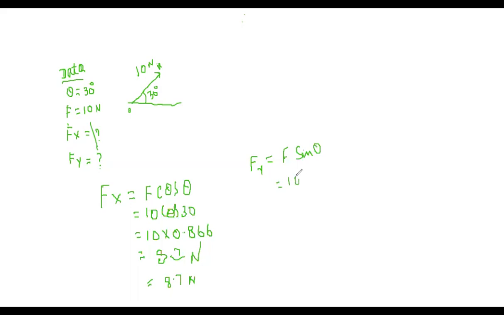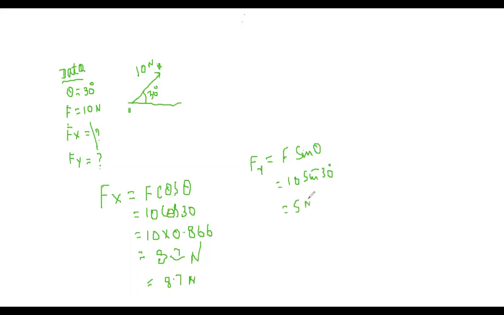Students, you can use a calculator, but the sine 30 value is half, or 0.5. So when you multiply 10 by 0.5, you will get 5. This is 5 Newton. You can see clearly that Fy is 5.